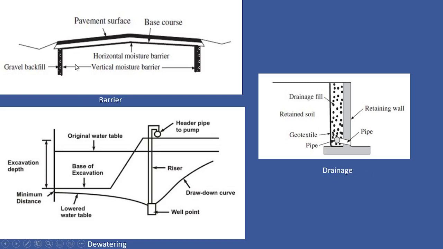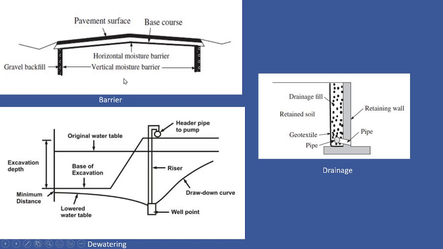With the barrier, if there is any pavement or road construction going on, and you want to restrict water from entering the construction components or any of the nearby components, you can apply some damp-proofing barrier or any impermeable membrane, which restricts the moisture from entering from the soil into the construction components.